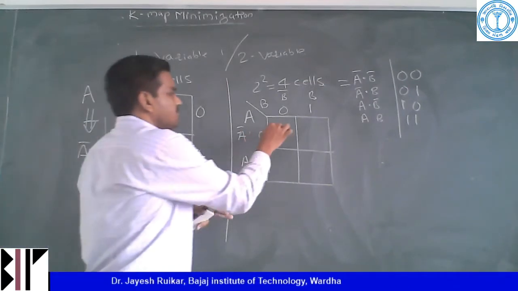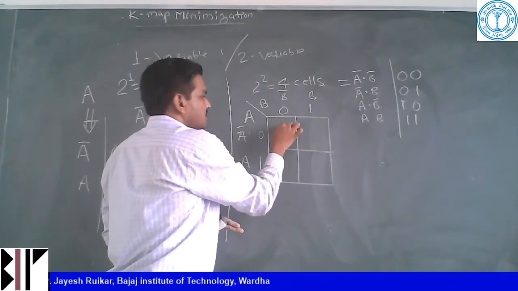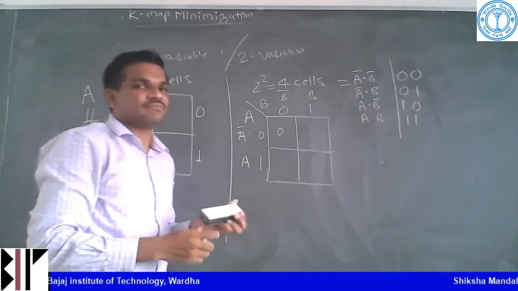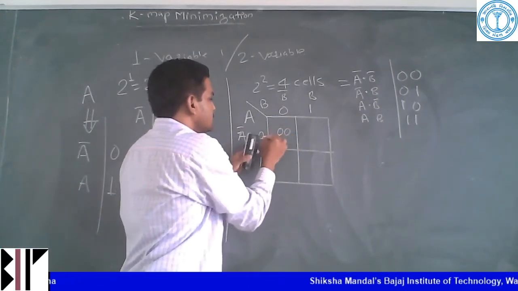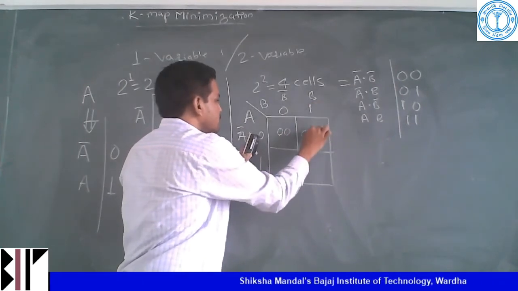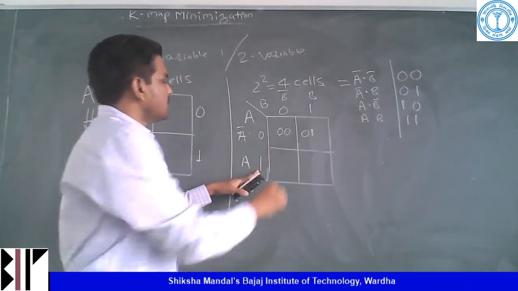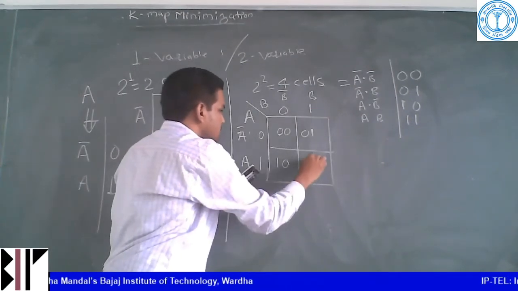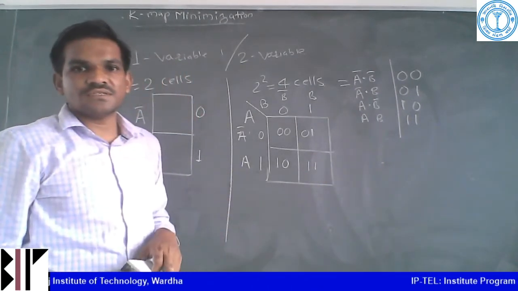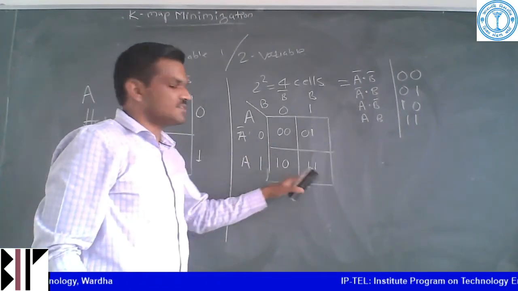If I want to write this number in terms of binary numbers, I will write this is 0, this is 0, so 00. Then this is 0 and this is 1, so 01. This is 1, this is 0, so 10. This is 1, this is 1, so 11. Fine: 00, 01, 10, 11.